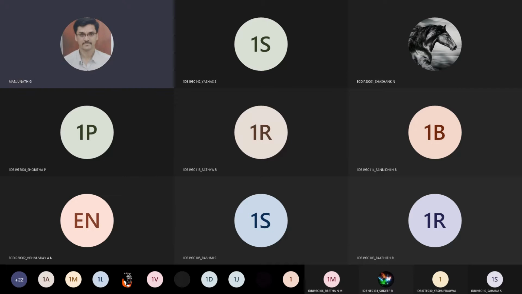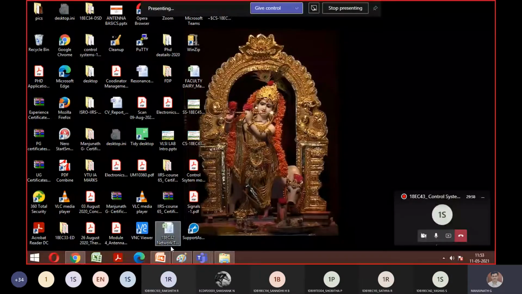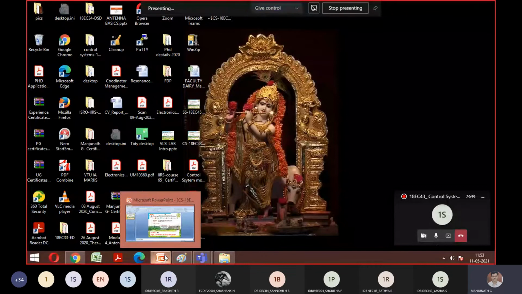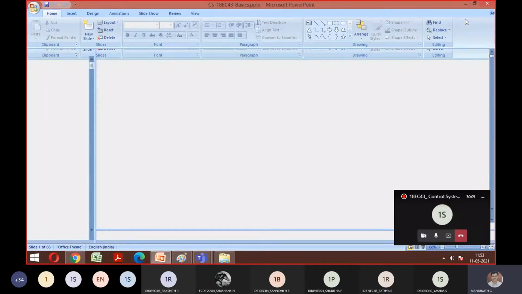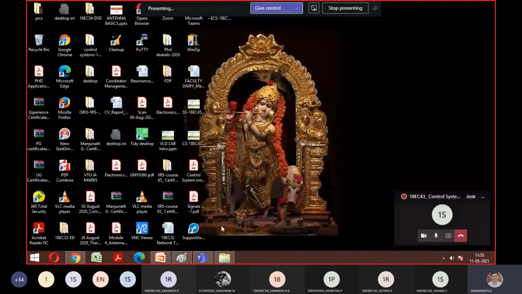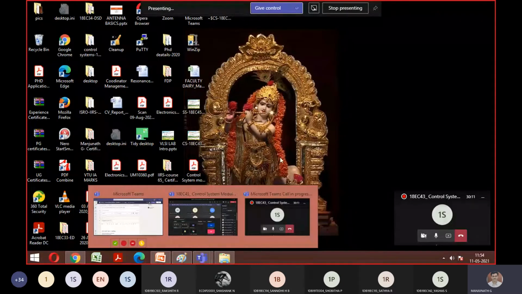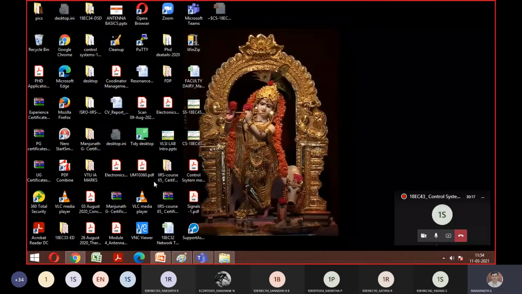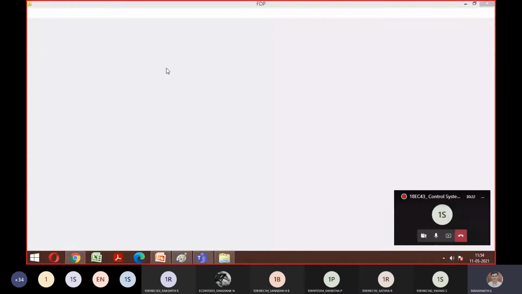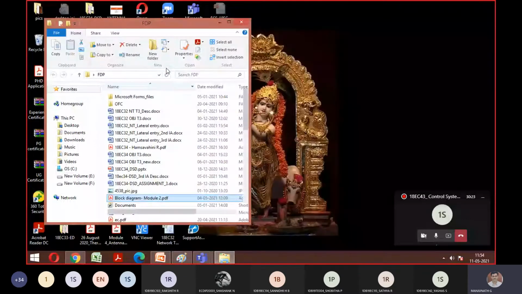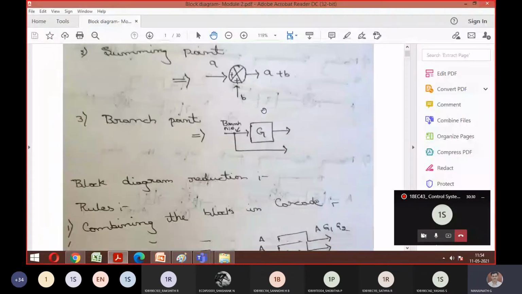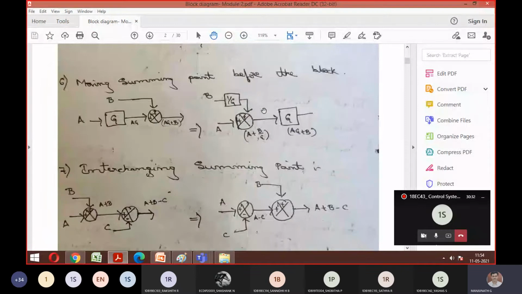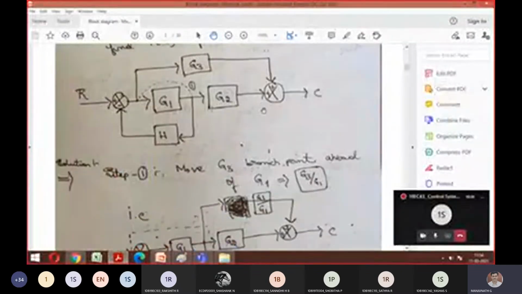Any doubts with the previous block diagram problem, you can ask, guys. Does anybody have a doubt with the previous problem we solved? The block diagram. Okay, let me open that. Just look at which problems have already been done. The reduction technique, I think this was done.